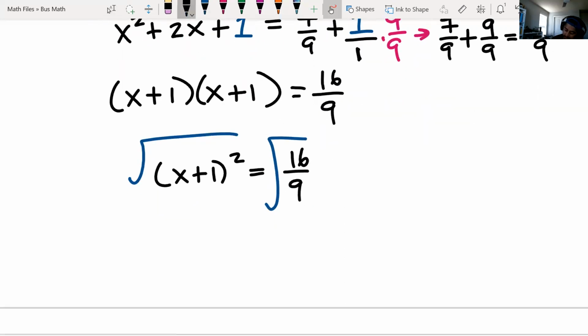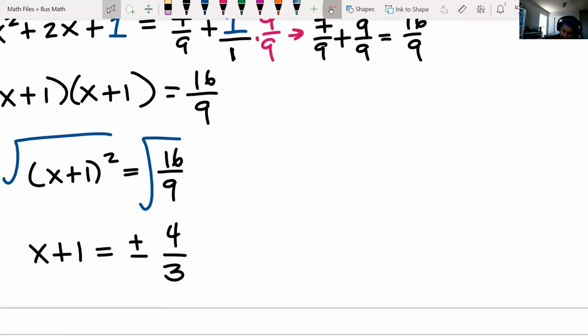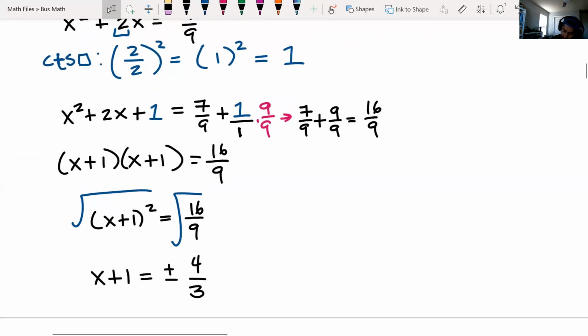That means that this will become x plus 1 equal to plus or minus, well, the square root of 16 is 4, and the square root of 9 is 3. Okay. And then I'm kind of confused on where you're getting the 9 ninths. Oh, okay.